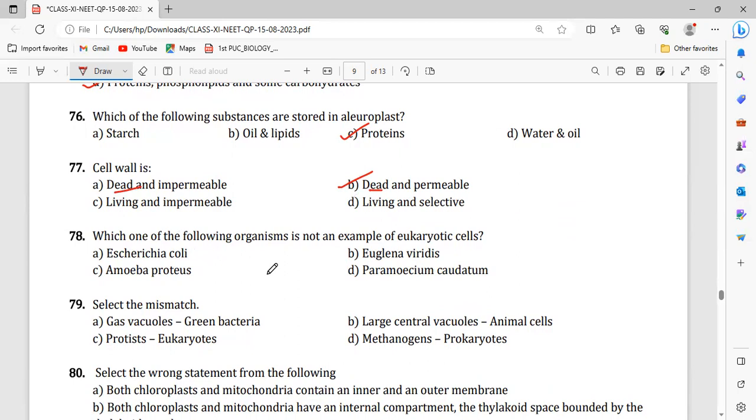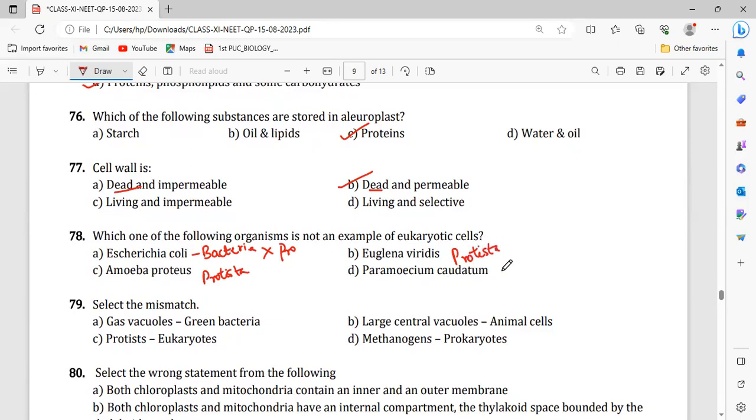Which of the following is not an example of eukaryotic cells? So here, Escherichia coli, this is a bacteria. So bacteria belongs to Monera. So it is not eukaryotic, it is prokaryotic. Amoeba, it belongs to Protista. Then Euglena also belong to Protista.